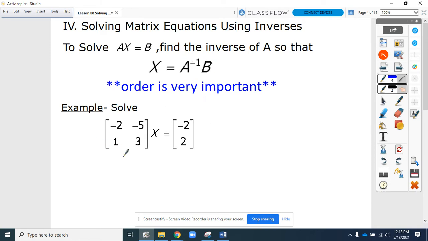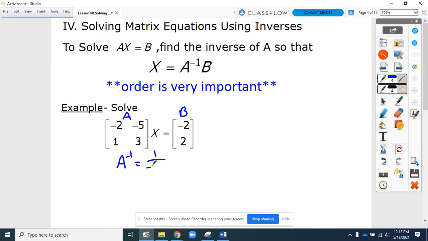All right, so if I look at this example, this would be matrix A. I have an X, and this would be matrix B. So when I look at that, I want to find the inverse of matrix A because it is with the variable. So for the inverse, I have to do 1 over the determinant.